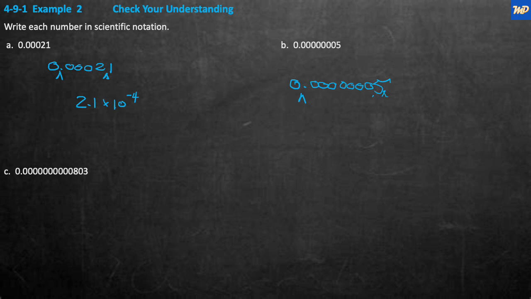And if we want, we could put a 0 there. So how do we get it there? So we have 5 times 10 to the how many places? 1, 2, 3, 4, 5, 6, 7, 8, to the minus 8.